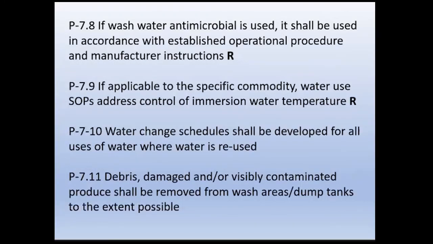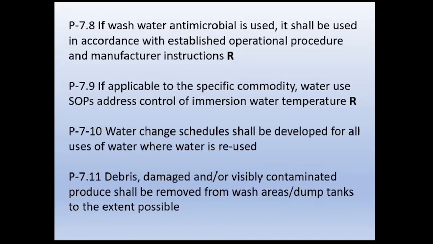So going on to 7.8, if wash water antimicrobial is used, it shall be used in accordance with established operational procedure and manufacturer instructions, record required. That just makes sure that your records support the written plan on antimicrobial use and that your antimicrobial is being used in accordance to the label direction. And this is aligned with the produce safety rule. If you're following the produce safety rule, this is right along with that.